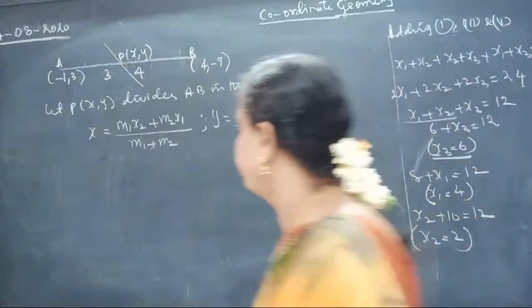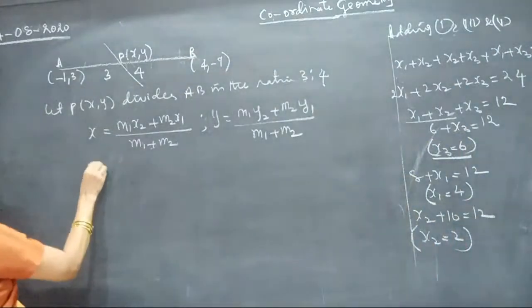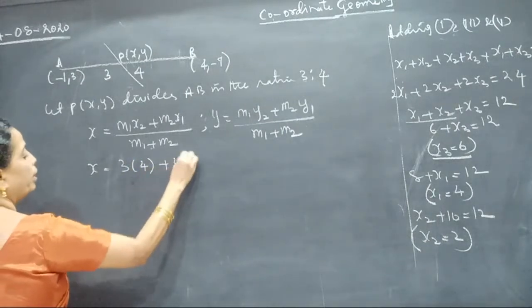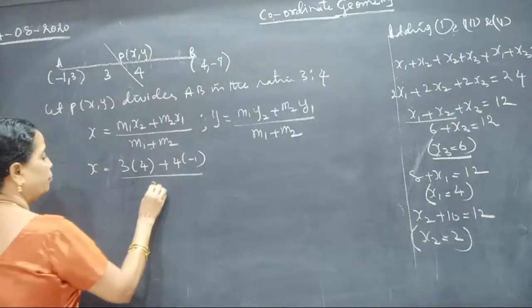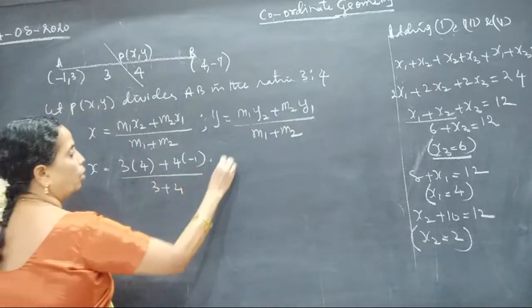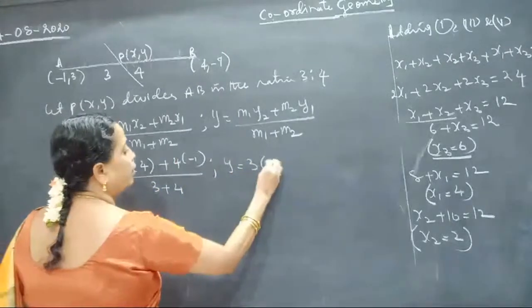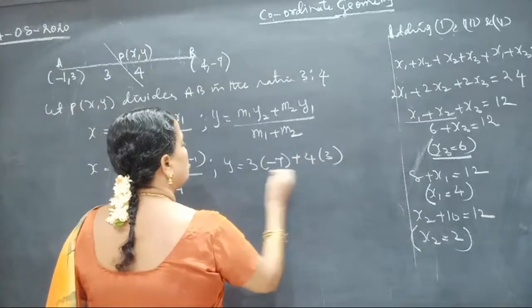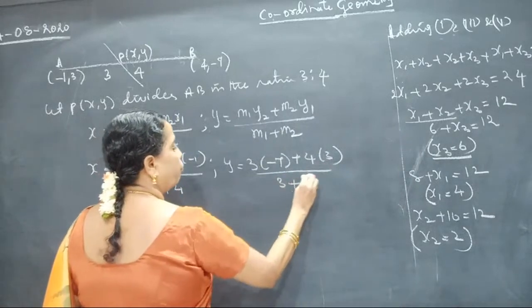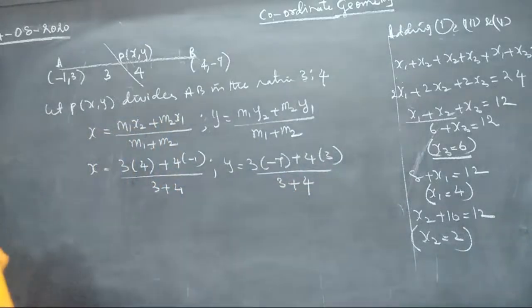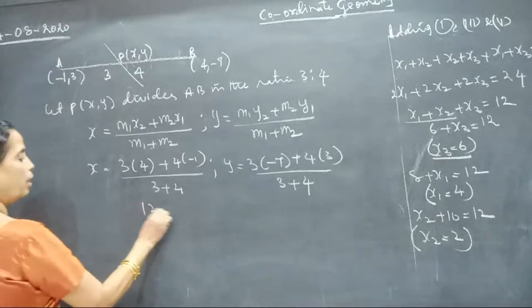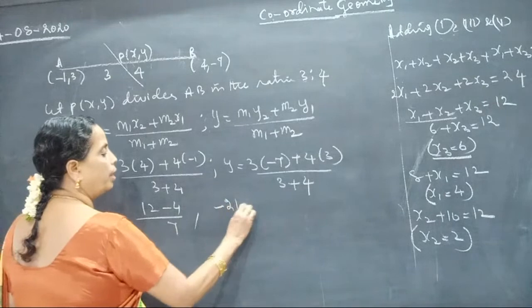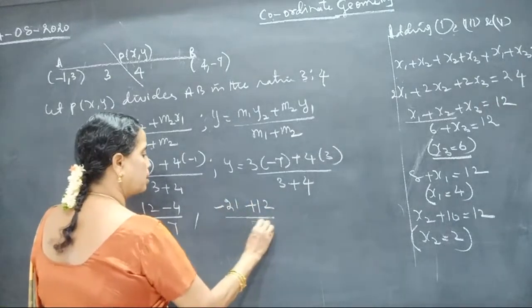What's your answer? x equals (3 into 4 plus 4 into minus 1) by (3 plus 4). y equals (3 into minus 7 plus 4 into 3) by (3 plus 4). Come on. 4 3s are 12, minus 4, by 7. 7 3s are 21, plus 12, by 7.